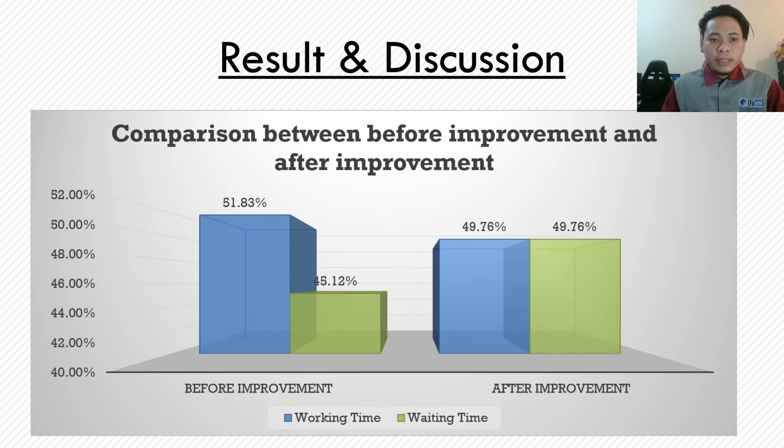Working time is decreased because of the increasing number of workers. But if the demand is increasing, the company needs to find another solution or alternative to fulfill customers' demand, such as using a fully automated machine from raw material until its packaging.